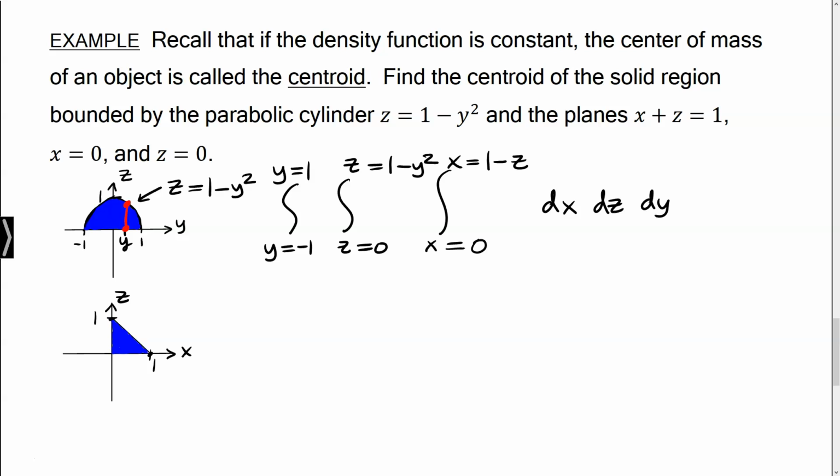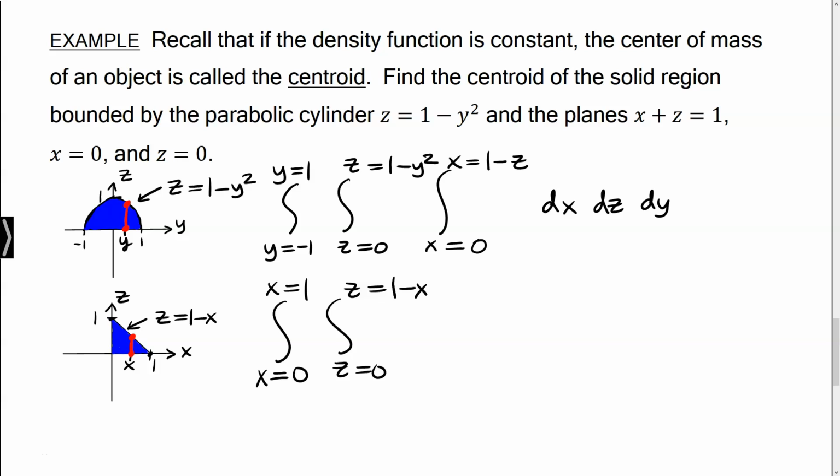So let's let x range from 0 to 1, and then z is going to go from 0 up to 1 minus x. All right, so we're integrating x equals 0 up to 1, and then z goes from 0 up to 1 minus x.